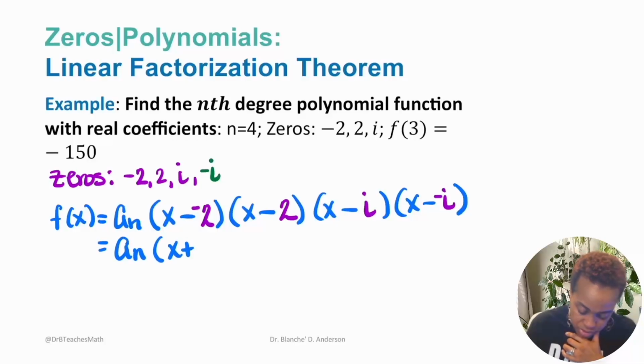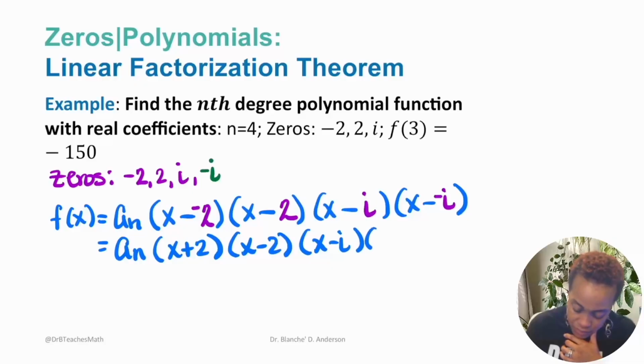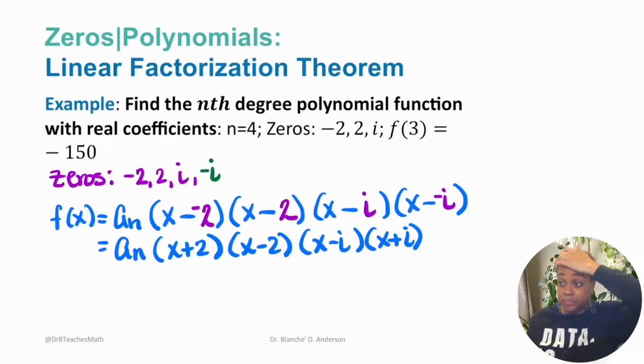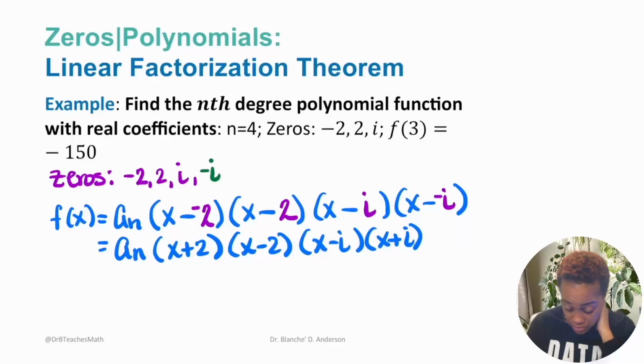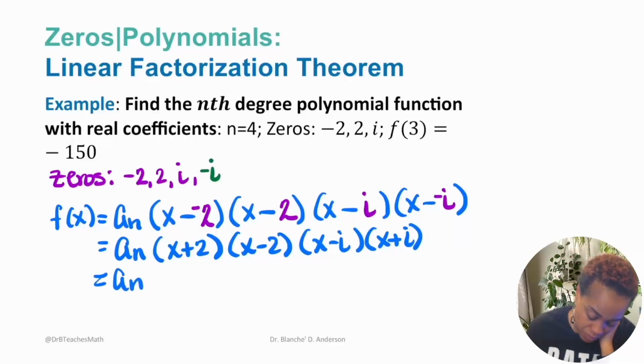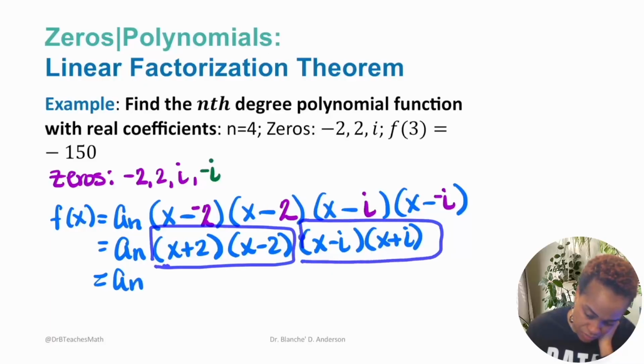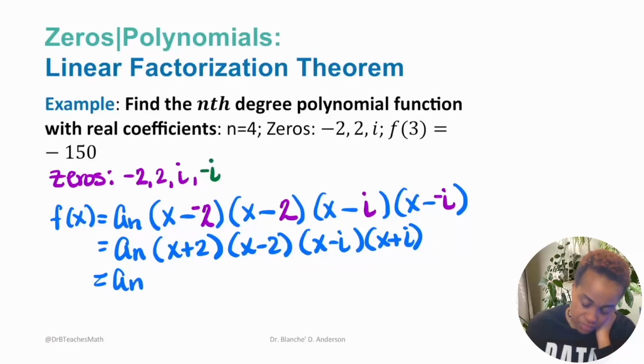That's x plus 2, x minus 2, x minus i, and x plus i. Okay, let's keep going. I'm going to multiply these two first, and then multiply these two, and then we'll put them together.